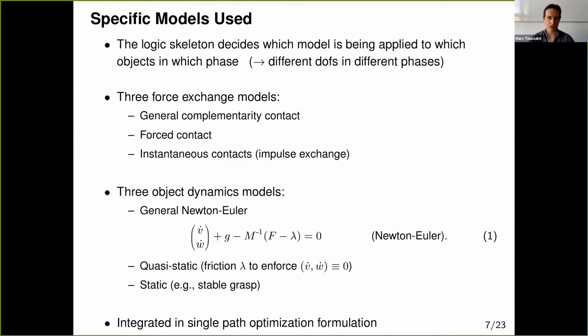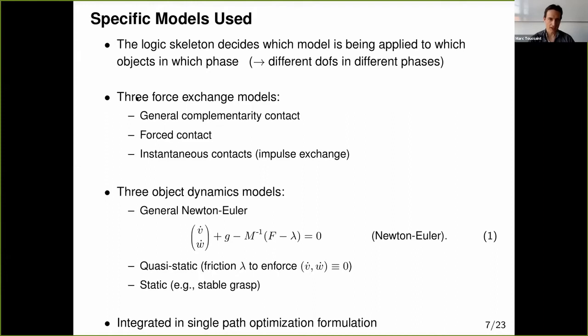That's basically what I described. They also govern which degrees of freedom are created in the path optimization process. So, for instance, when some object is being thrown, it becomes free, and then it creates the degrees of freedom for that object to be free.